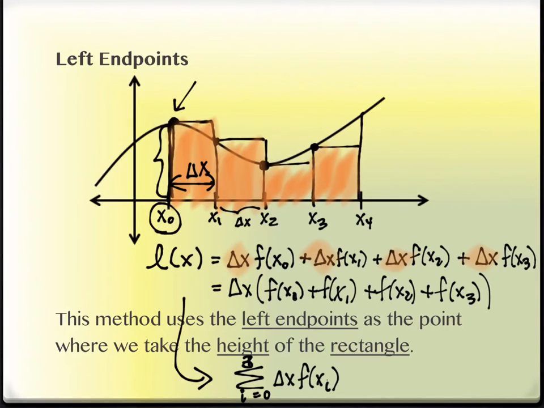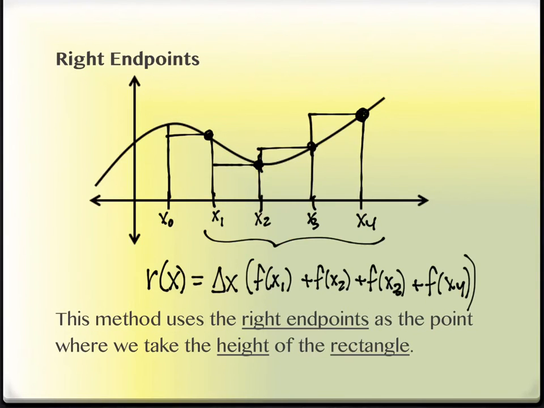That's why this stuff's showing up in this section: this is a summation of values, just like those summations that we did before. And the same thing's true over here, but this one starts at i equals 1, and it goes to 4 of delta x times f of x sub i.